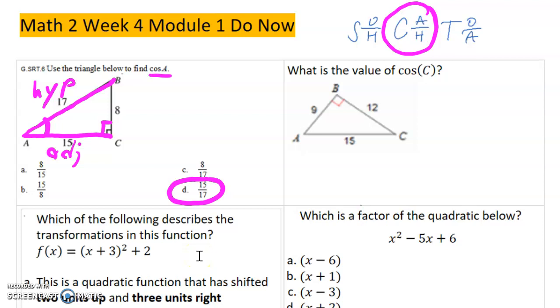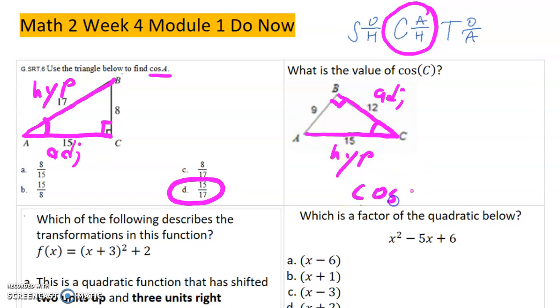Okay, this next problem looks similar. It's asking for cosine of the angle C. I can see that this is angle C here. Again, I'm going to look for the adjacent side and the hypotenuse. Since the 90-degree mark is right there, that tells me that this right here must be the adjacent, and the side across from the 90-degree must be the hypotenuse.